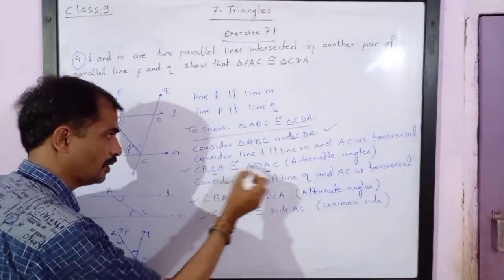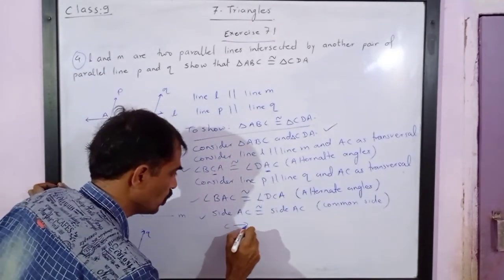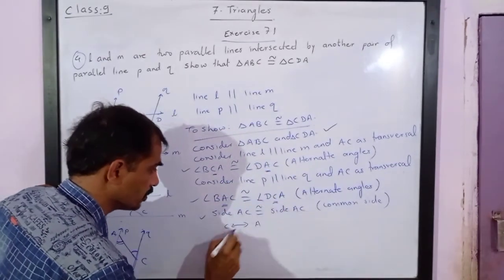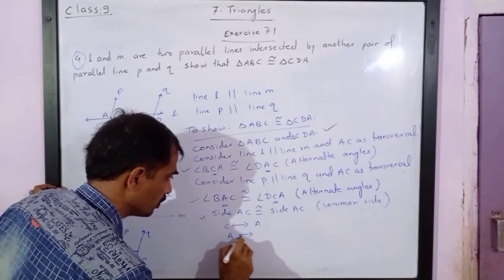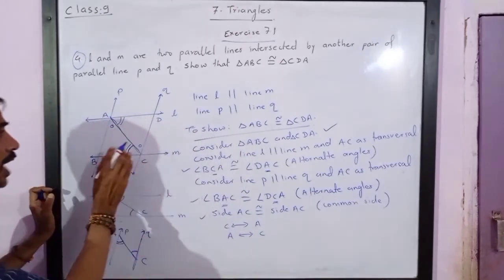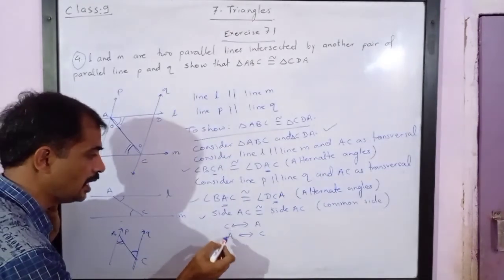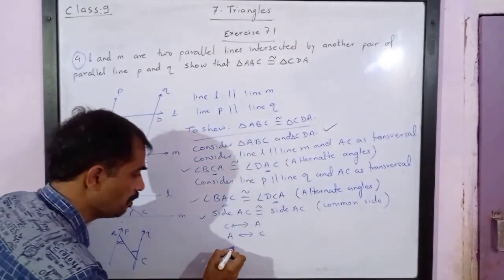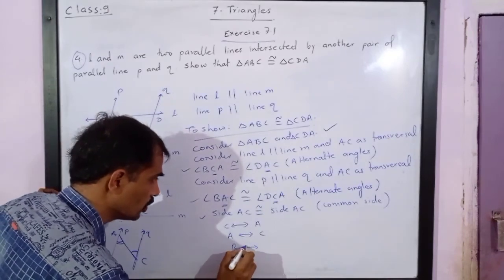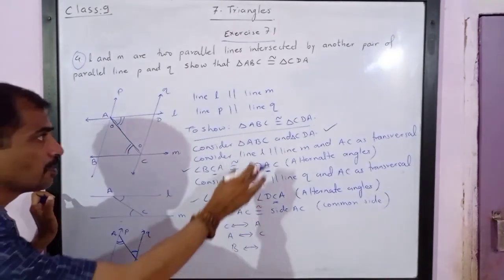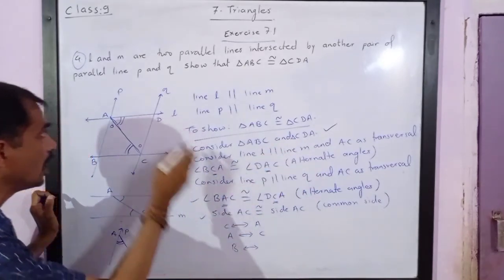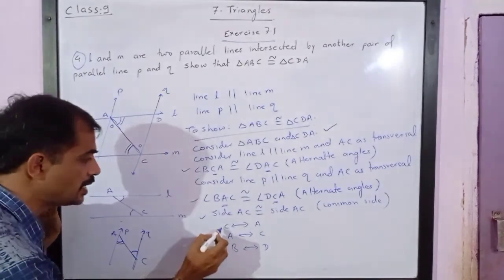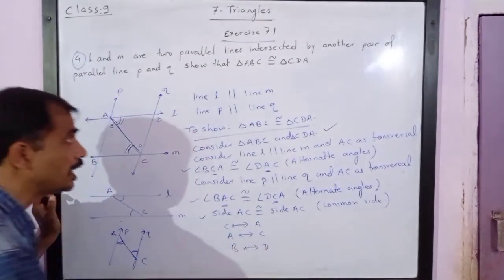Here you will notice C corresponds to A, and A corresponds to C. Now, in this triangle ABC, C corresponds to A and A corresponds to C. Remaining letter is B, that will correspond to the remaining letter of the other triangle, D. It means triangle CAB is congruent to triangle ACD.